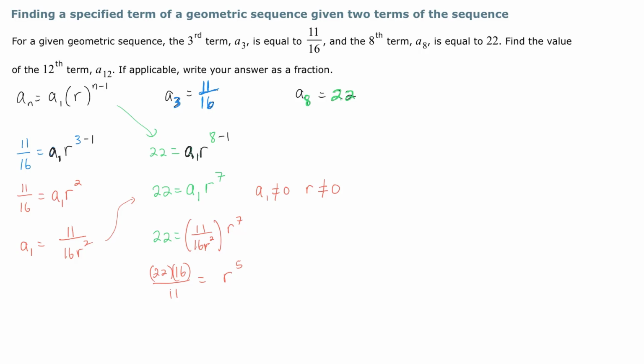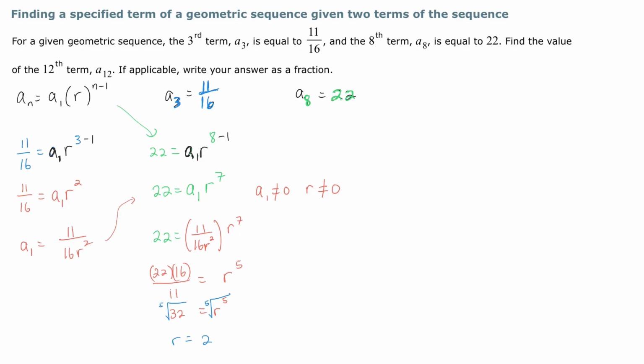That's 2 times 16, which is 32, which is equal to r to the 5th power. I'm going to take the 5th root of both sides, not a problem. 5th root is a 1-to-1 function, so we get r is equal to 2. So we get the common ratio to be 2.